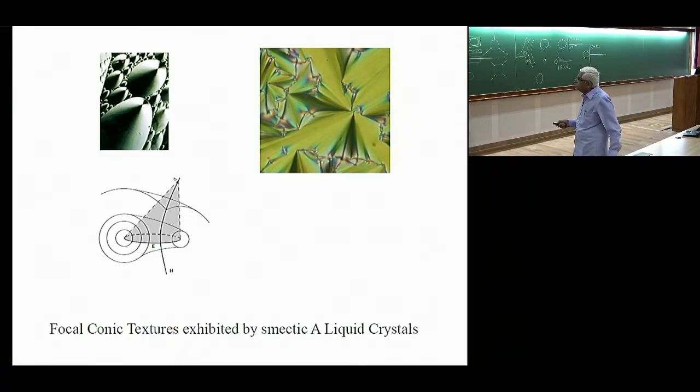And the way they originate is the following. Supposing I have a torus type of thing, these are layers. And supposing I have a torus, like a tube made of these layers. Then you can see that there are only two discontinuities in the director field. One is at the center of this torus, because the director is trying to orient from all kinds of directions there.